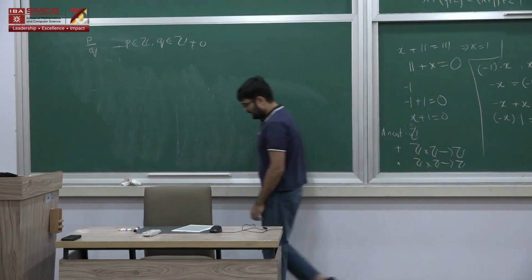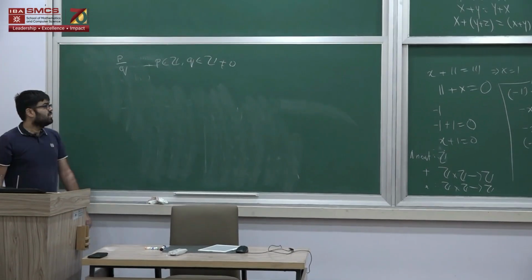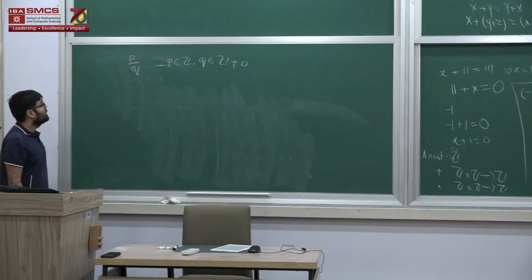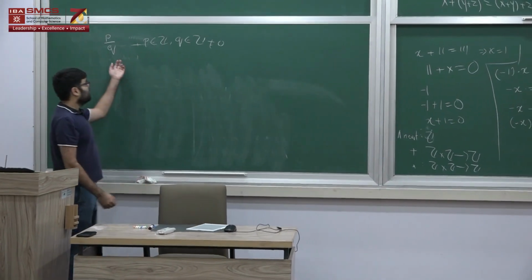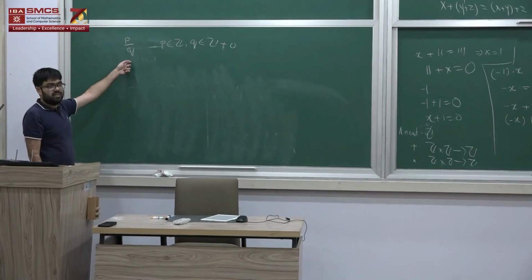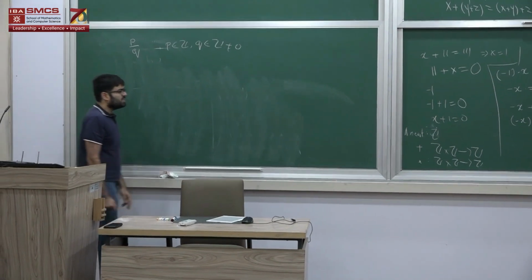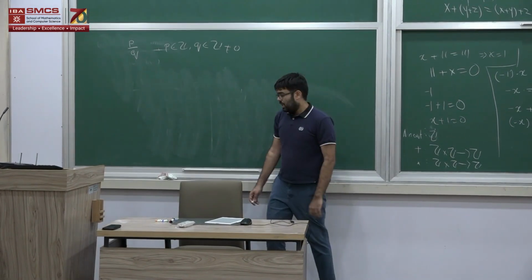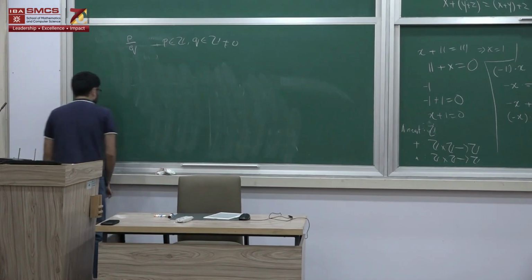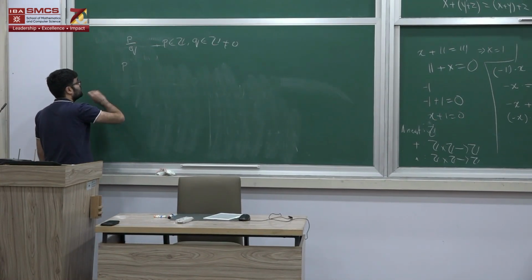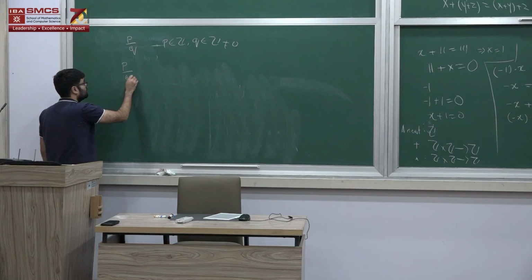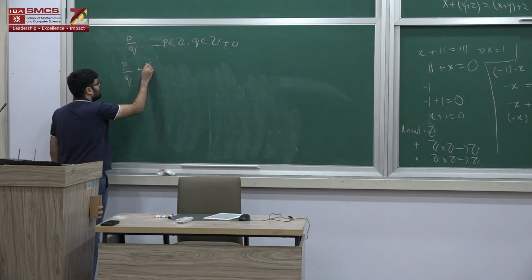So I consider these tuples, and what I want to do is to extend multiplication and addition to them. Here it's a bit more involved, but the way it works is this. I have p over q plus r over s.